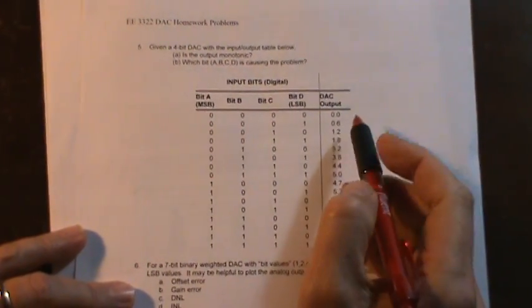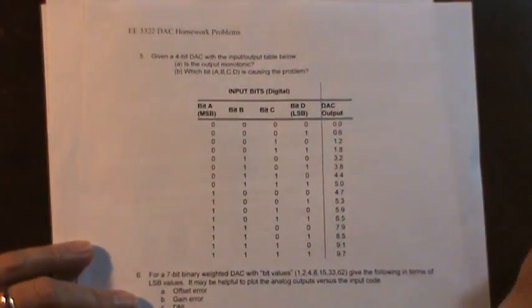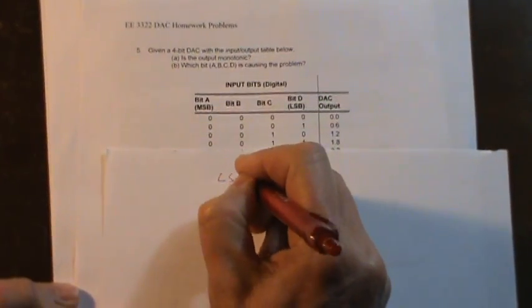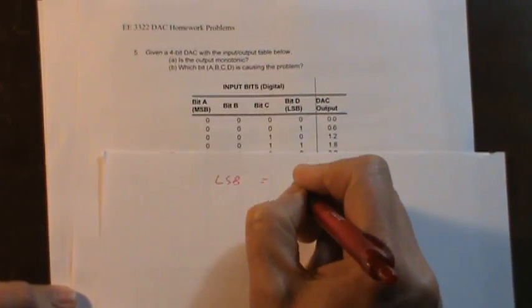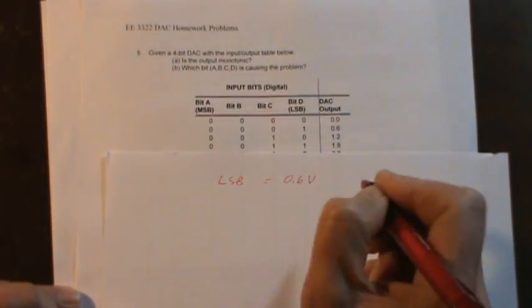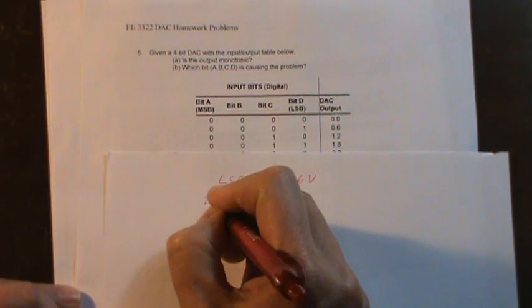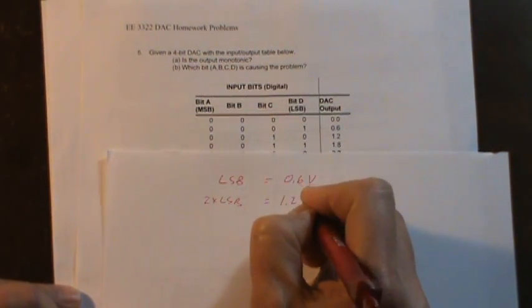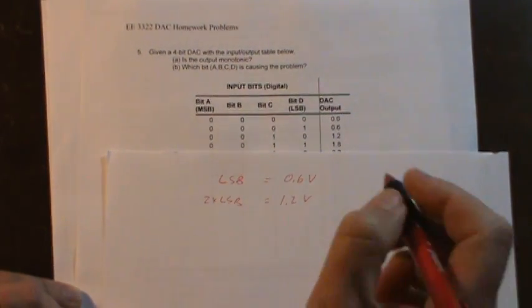Okay, so coming back here again, looking at these values, I really get that my LSB seems to be working pretty well at 0.6 volts. And my 2 times LSB is working pretty well at 1.2 volts. And both of those are working just great.